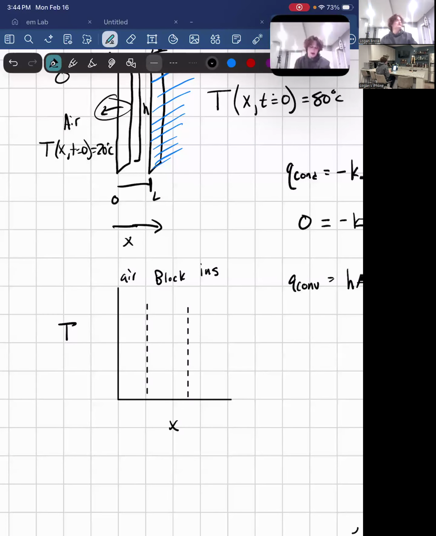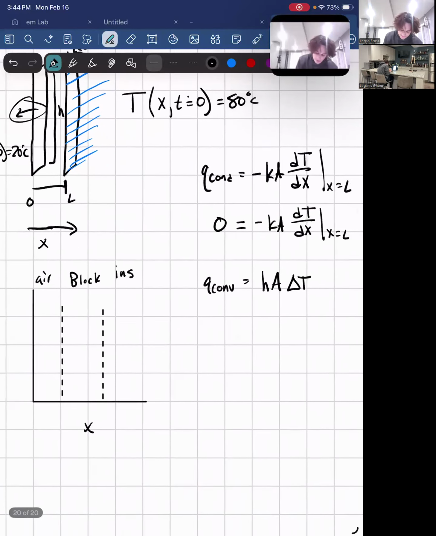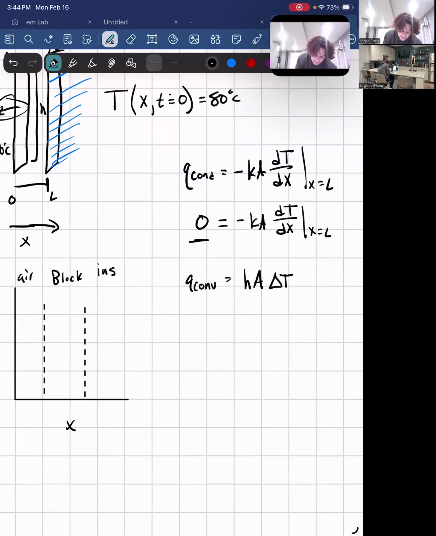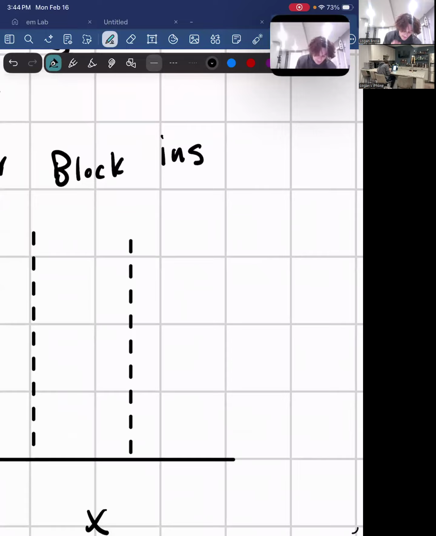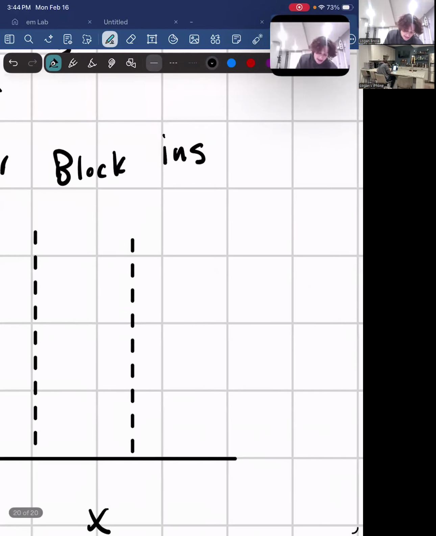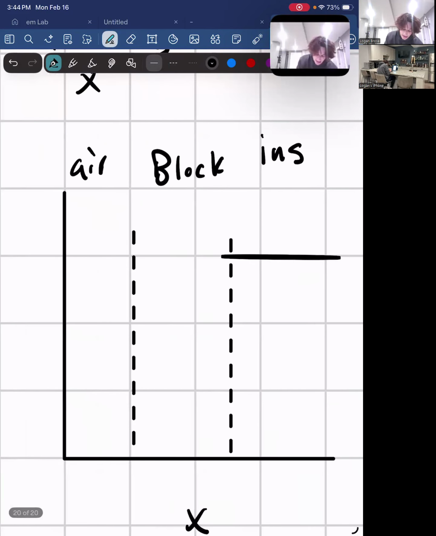So since we know that this is going to equal 0, right? Our slope at any given temperature has to be 0 for the insulation, right? Because it's perfectly insulated, right? And then as we go into the block, we know that the temperature is going to decrease, right?